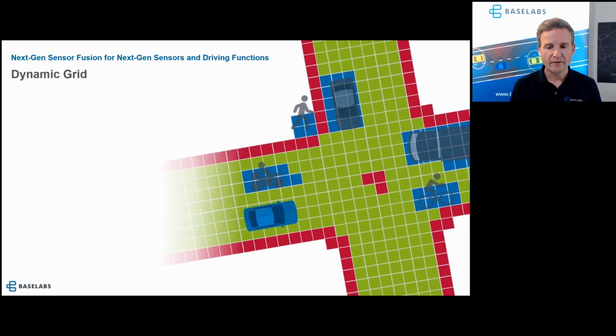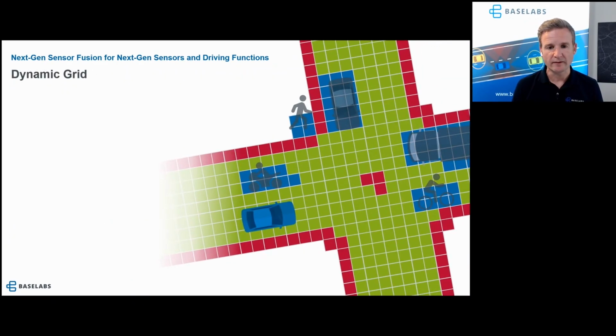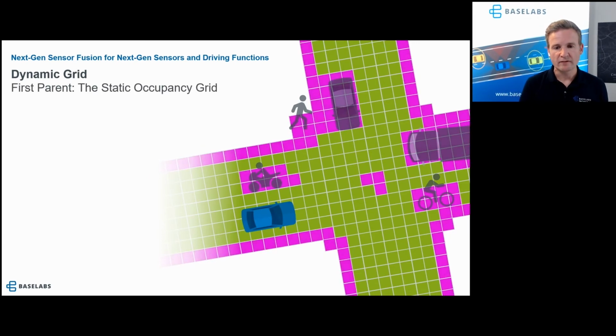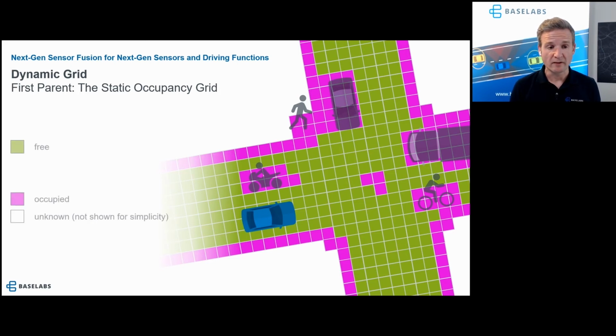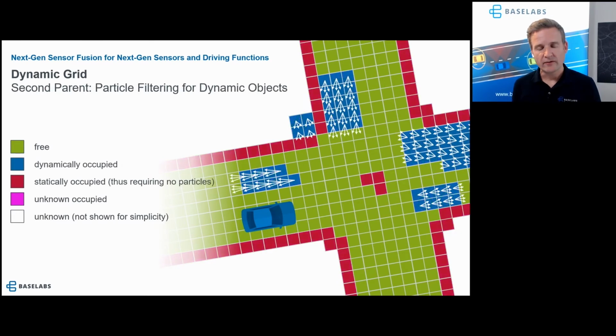Let's have a closer look at the dynamic grid. In simple words, it's composed of two existing algorithms. On the one side, we have the static equivalency grid that is already in use in the market and in many cars, which can distinguish between free and occupied cells. On the other hand, we have another algorithm that is combined with the static grid fusion.